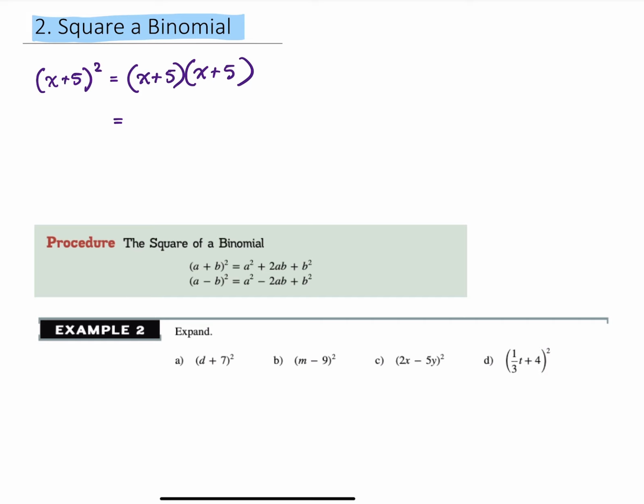So foiling this out, the first two multiplied would be x times x, so x squared. Then the outer is x and 5, so plus 5x. Then our inner is 5 times x, so we get another 5x. And then the last is 5 times 5, so that will give us positive 25.